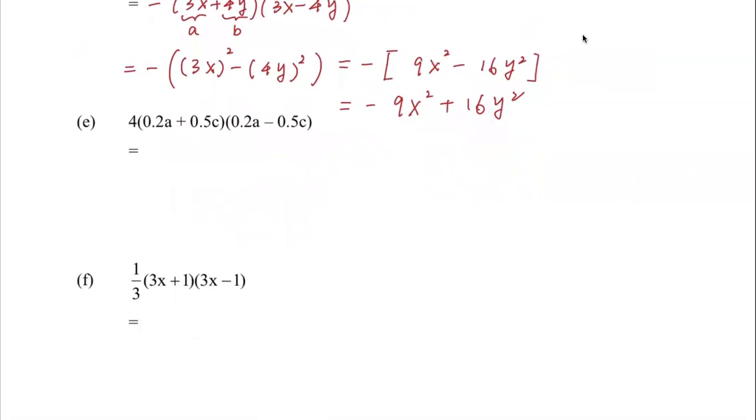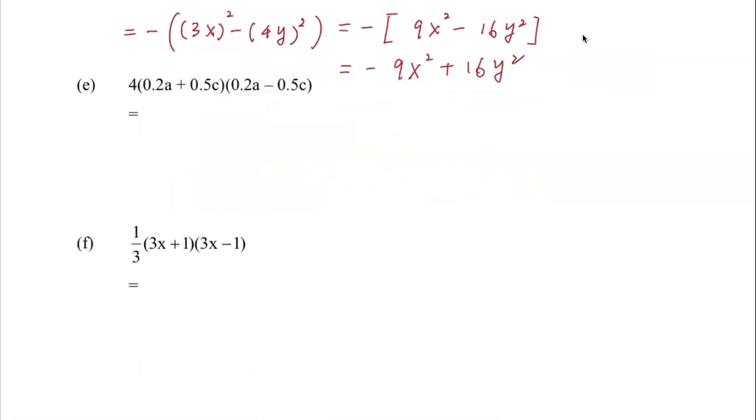E, 4 times 0.28 plus 0.5c times 0.28 minus 0.5c. If we see 0.28 as A and 0.5c as B, the answer should be 4 times brackets 0.28 squared minus 0.5c squared.